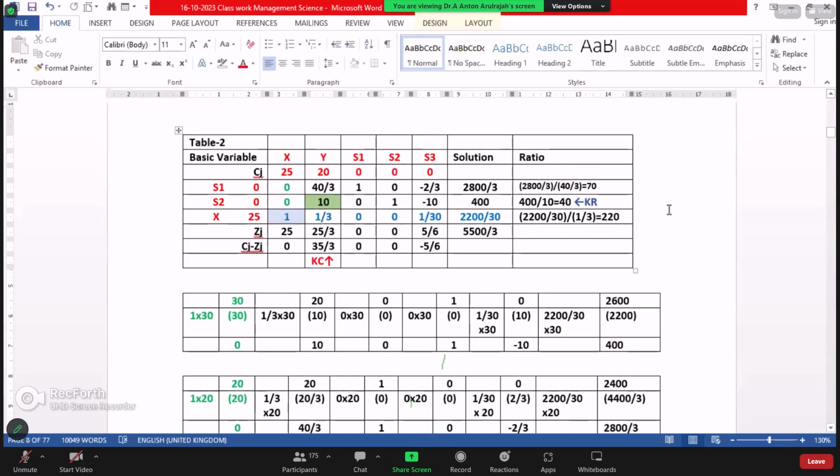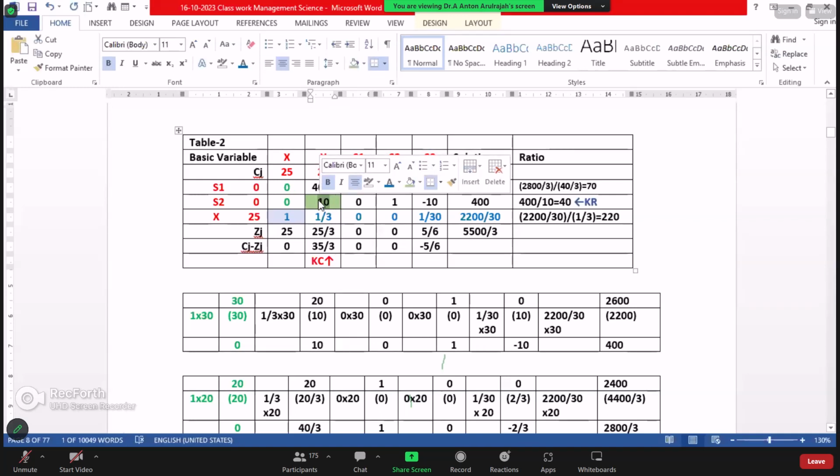Then which is the leaving variable and which is the entering variable in the table? You have to decide based on the key value.